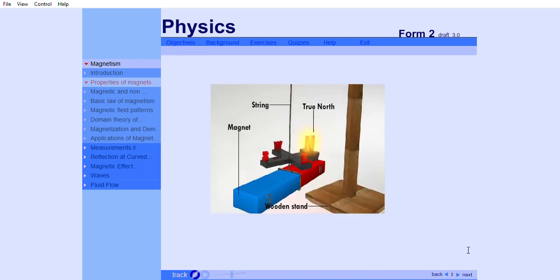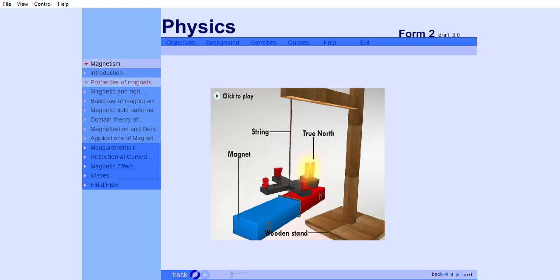To demonstrate the behavior of a bar magnet freely suspended in a horizontal position, click on the button to disturb one end of the suspended magnet so that it is set into rotation. Note the direction in which the magnet finally comes to lie.